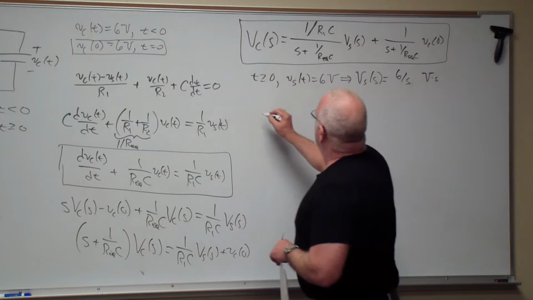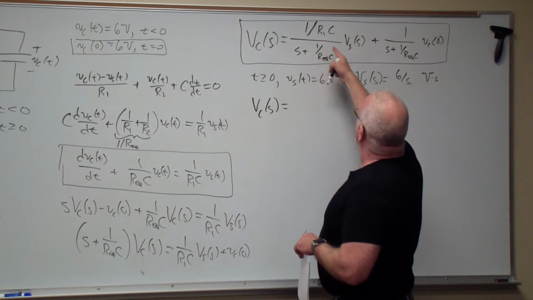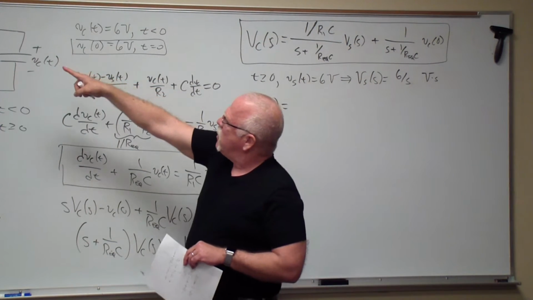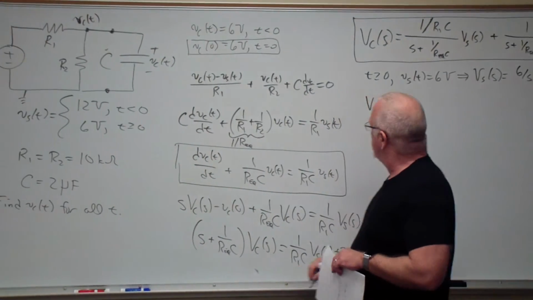We put that into our expression for cap Vc of S. We need the numbers, I guess we can get our numbers now. So R1 is 10 k ohms times C, which is 2 microfarads.